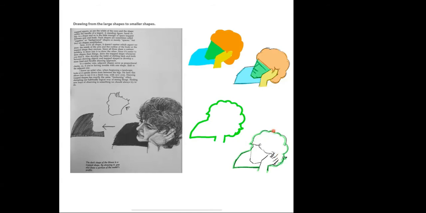So once you figure out this part, the largest shape, you can use basic proportion rule to draw the face. Okay, so we'll utilize this technique for drawing portrait today.